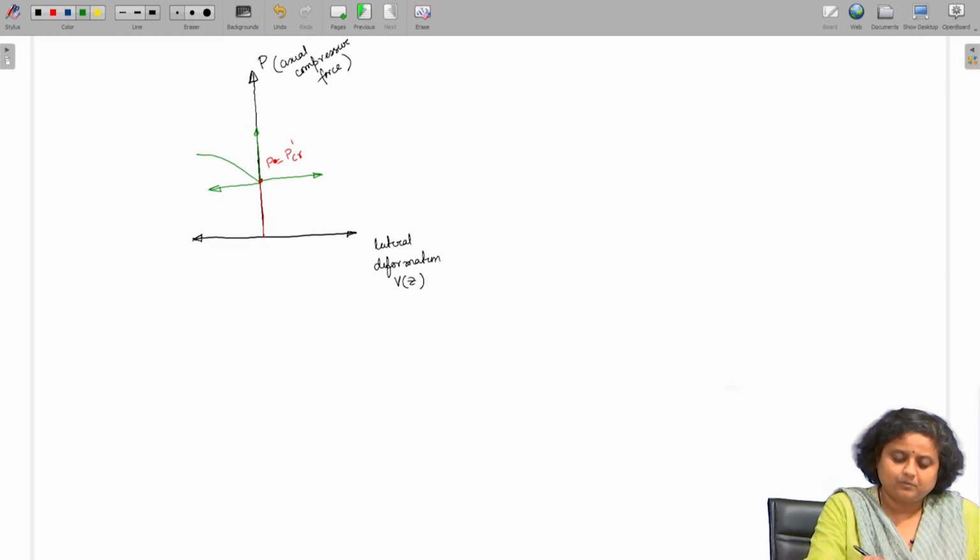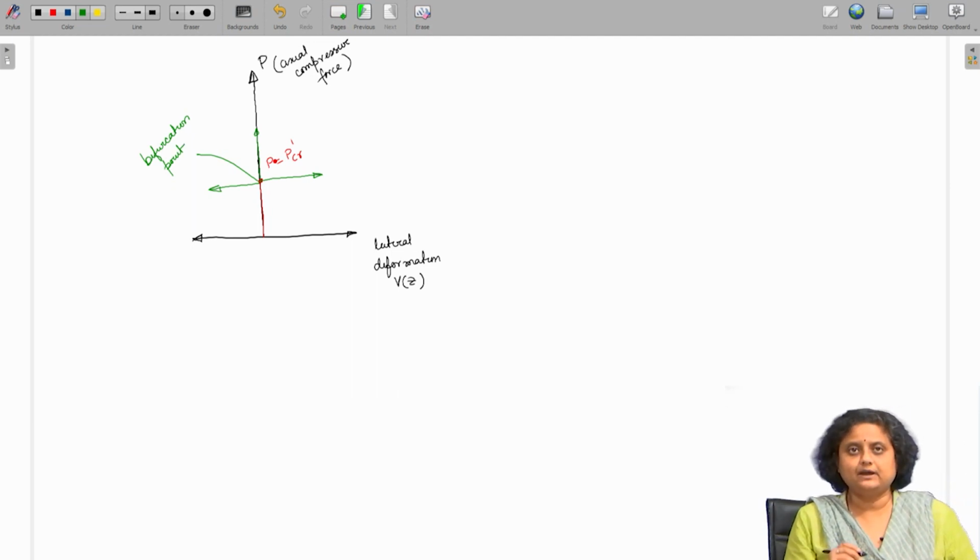Therefore, this point is called the bifurcation point, because when the applied load P reaches P critical, any of these three things can happen. The column can bend in the left direction, the column can bend in the right direction, and the column can remain undeformed as well.